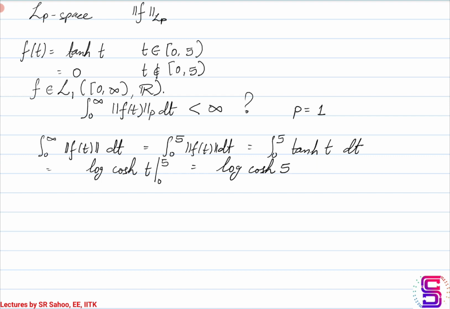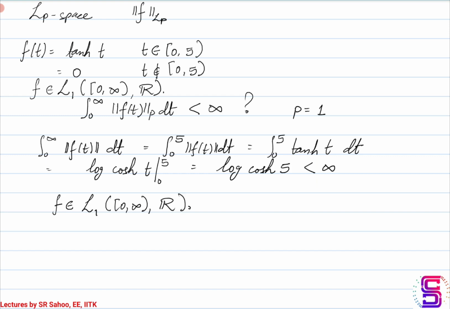Log cosh of 0 is 0, since cosh of 0 is 1, and log of 1 is 0. And this is clearly less than infinity, which means that the signal f that has been given to me is essentially in the L1 space.